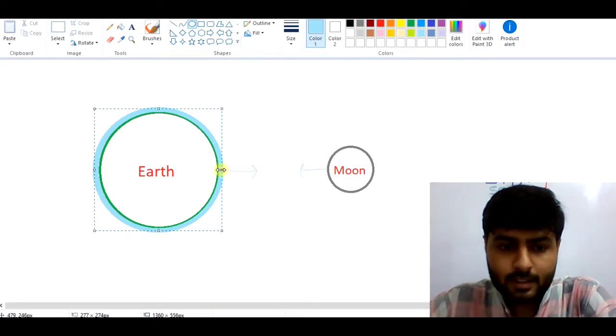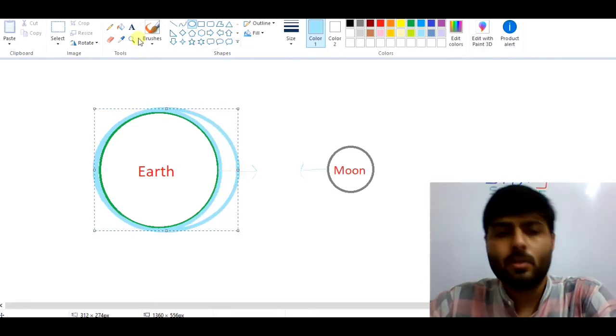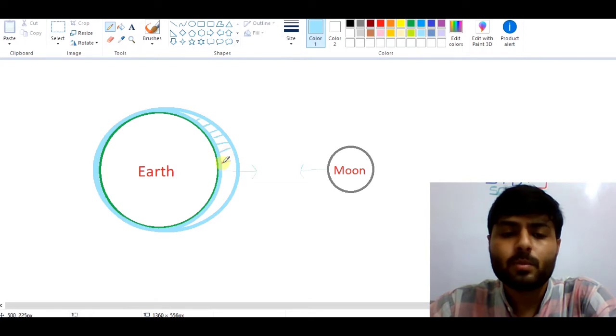This water is attracted toward moon, so here we have this bulge of water at this side. This water tries to move towards moon, so we have this bulge here.